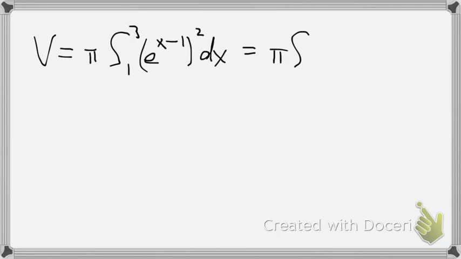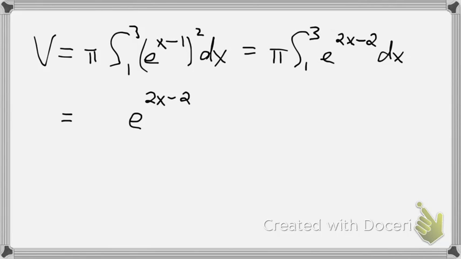So you get pi times the integral from 1 to 3, and that would be e to 2x minus 2 dx, power raised to a power raised to another power, right? Base to a power raised to another power. You multiply the powers together. So 2x minus 2. Can we integrate that? Fingers crossed. So what's the antiderivative of e to its power? Itself. So that's e to the 2x minus 2. However, this would have involved a chain rule of 2.